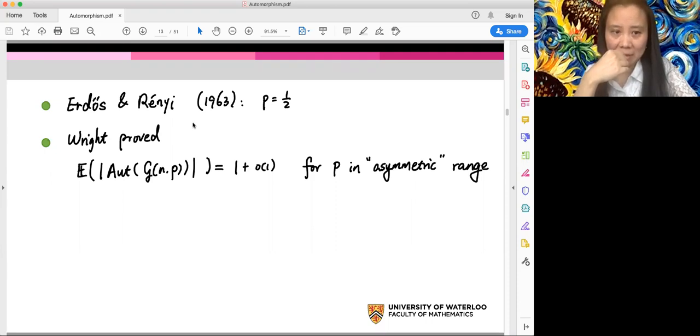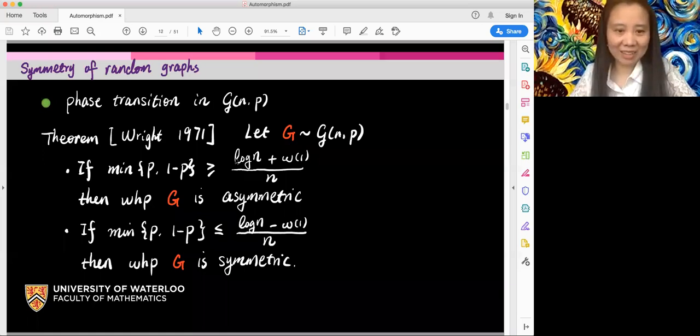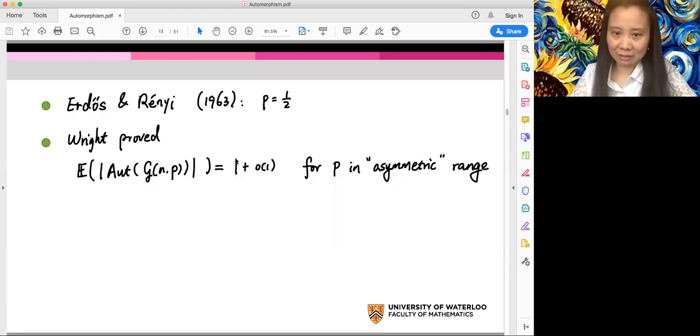In the same paper, they claimed the same results, saying they would appear in a subsequent paper, but I think it didn't really appear. And in Wright's proof, what they actually did is compute the expected size of the automorphism group of G(n,p).